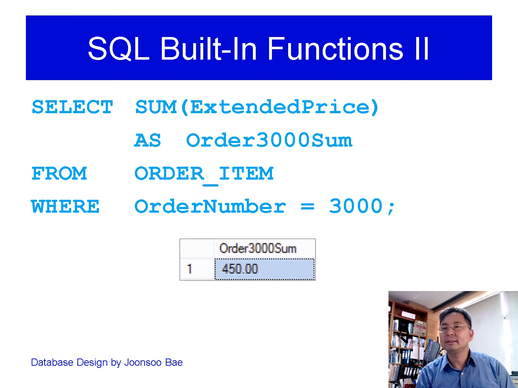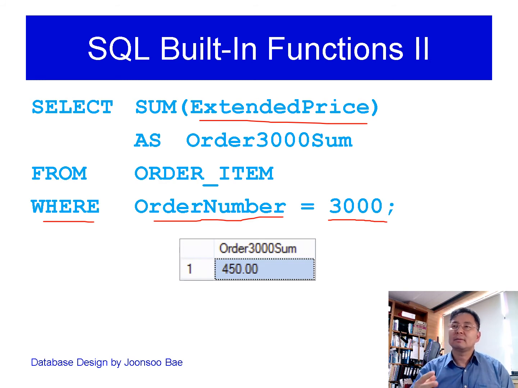The next example shows that. The original first query is: select extended price from order number where order number equals 3000. That extended price data will be set, maybe multiple data.